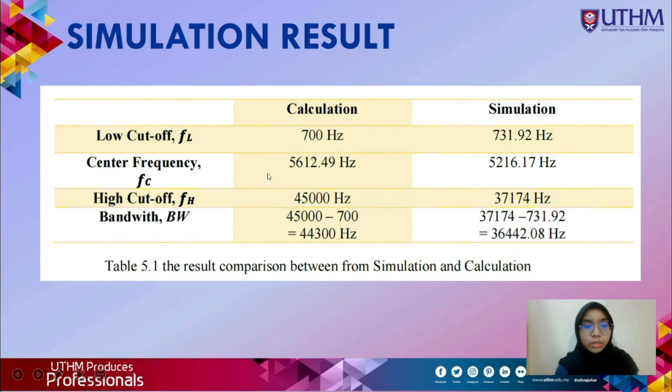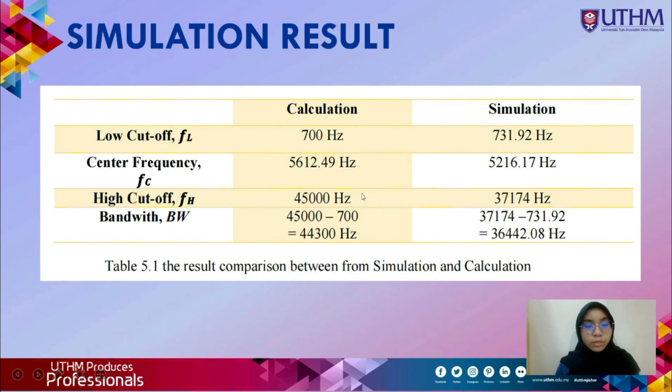For low cut-off frequency, for calculation, we get the value 700 Hz, but from the simulation, we get 731.92 Hz. For center frequency, from the manual calculation, we get 5612.49 Hz, while for simulation, we get 5216.17 Hz.